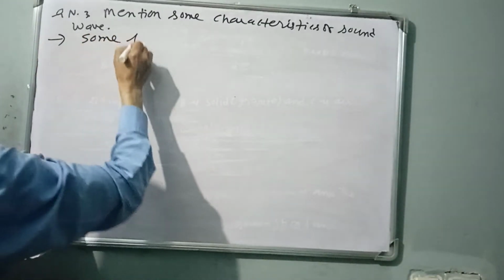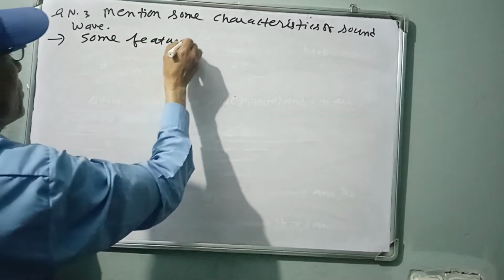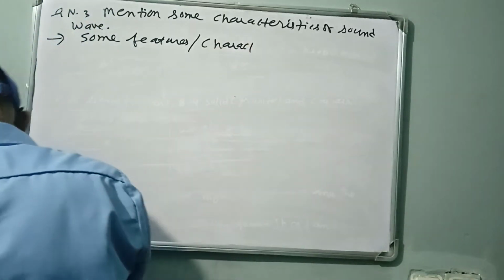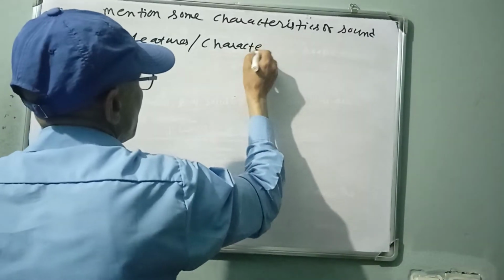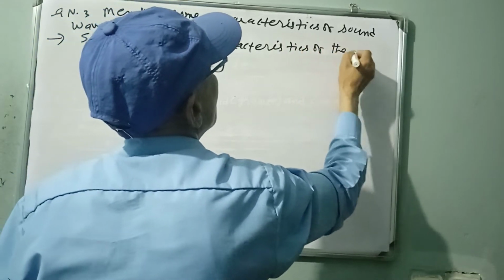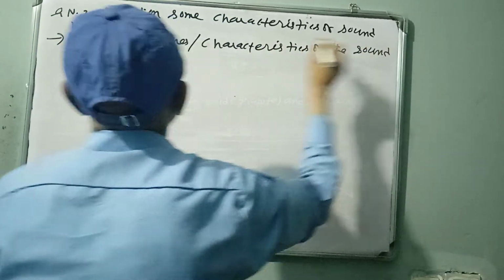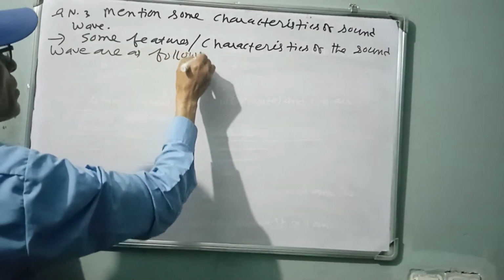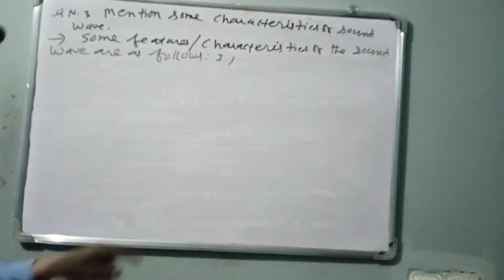Some features or characteristics of the sound wave are as follows. What is the first one?